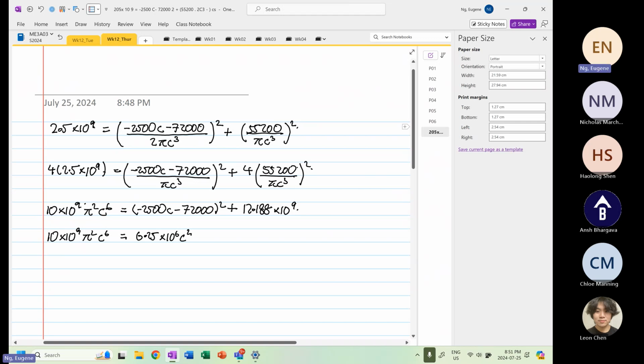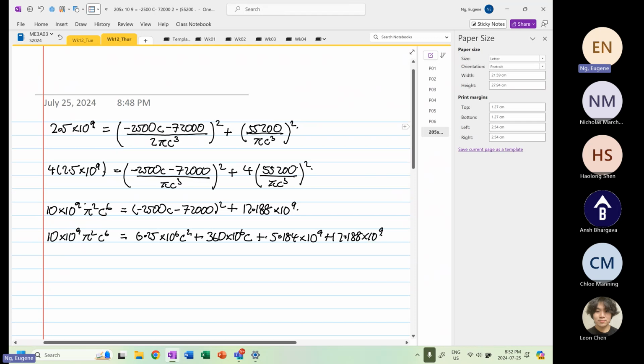And then we're going to have plus 2 times 2500 times 72123, which is equal to 360 times 10 to the power 6 C. And then we have plus 5.184 times 10 to the power 9. And then we have plus 12.188 times 10 to the power 9.